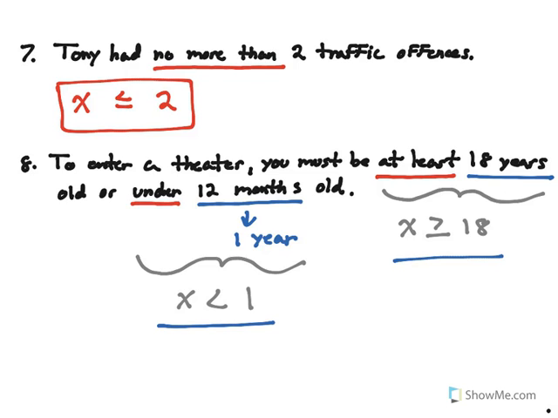Okay. So now that you have a good solid foundation on interval notation, graphing inequalities on a number line, and translating expressions into inequalities, now we'll spend some time going over some basic inequalities, okay?